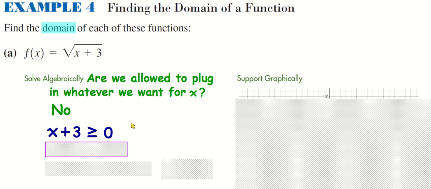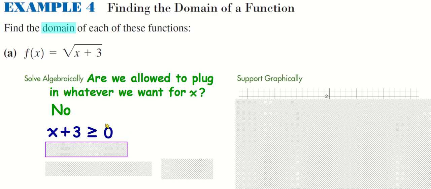If you remember from Algebra 2, the concept of real versus imaginary, that's what is going on here behind the scenes. In this context of domain, it's got to be real.